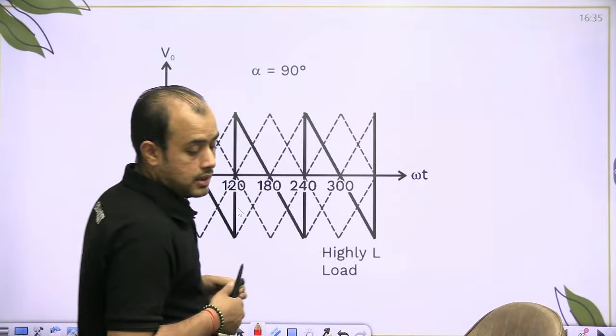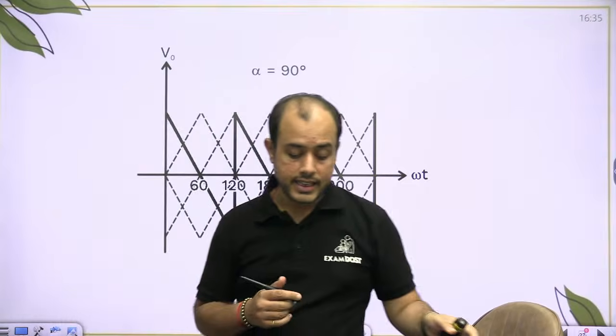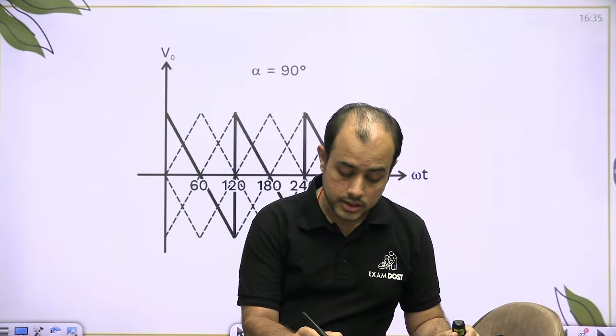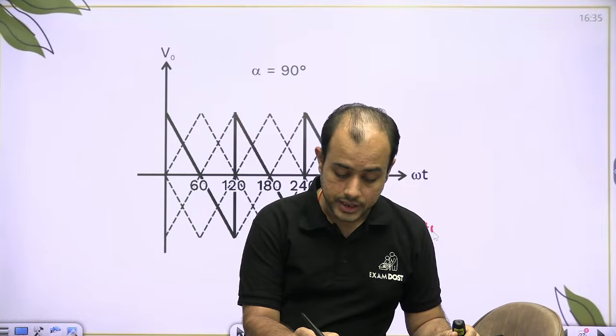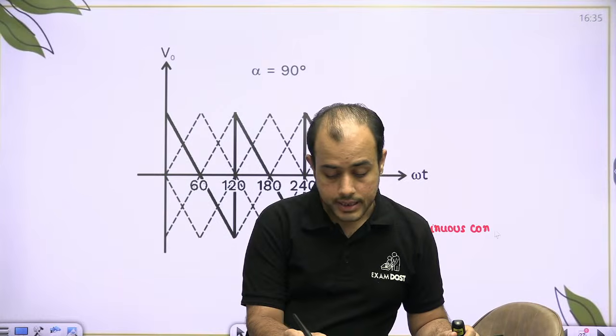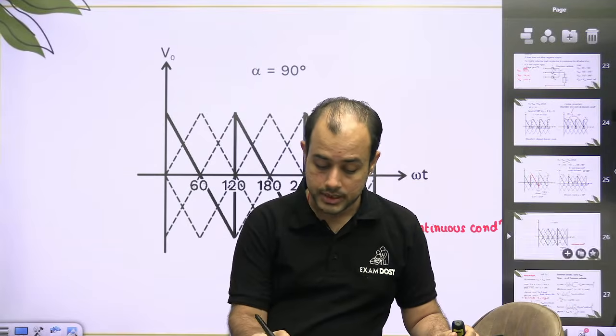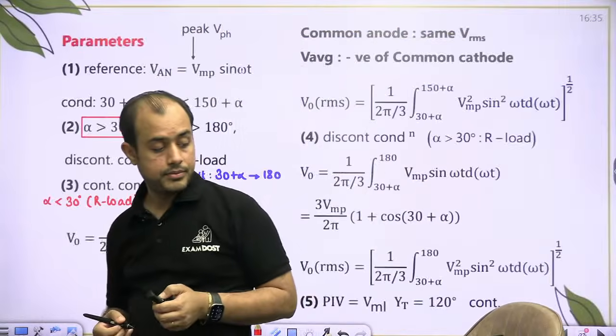Okay. And if alpha is 90 beta, for alpha 90 in a highly inductive load, I am getting continuous conduction. ठीक है. V0 does not remain at 0. बात समझ में आ गई? 0 पे नहीं रुक रहा है.